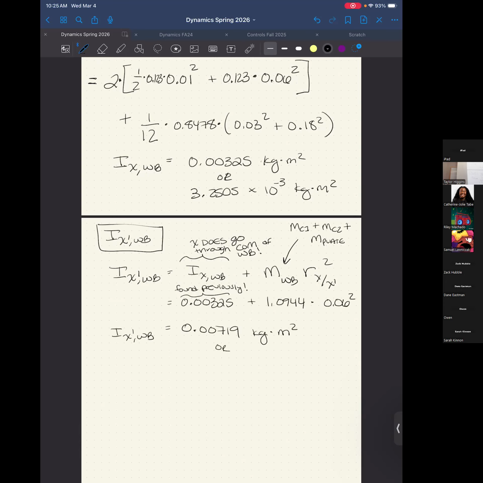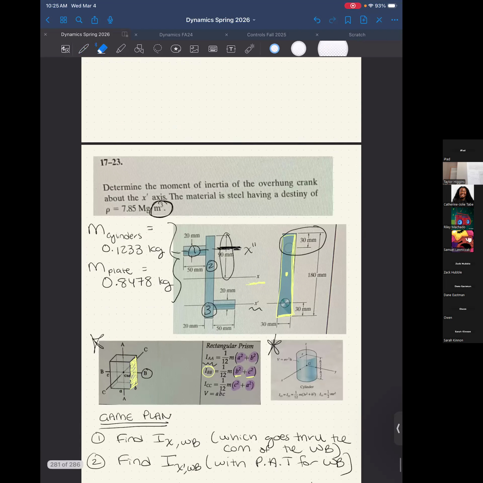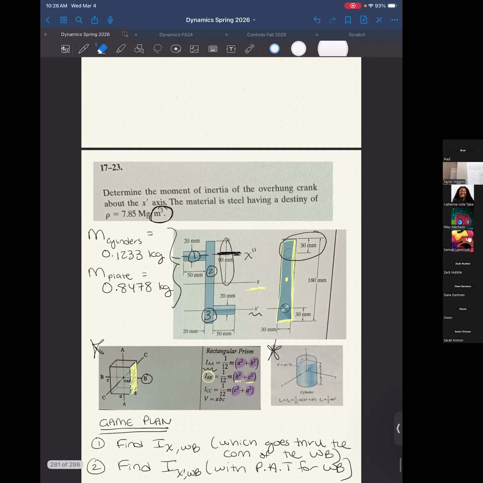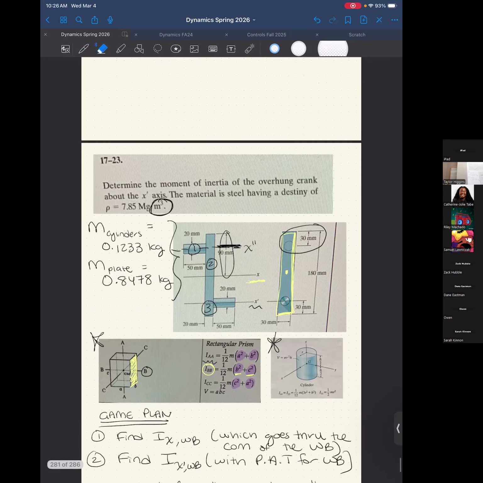You got 1.0938 for the total mass. Why is mine off there? But it's got 1944. How am I doing that wrong? Did you round any of these decimals? Missing three.